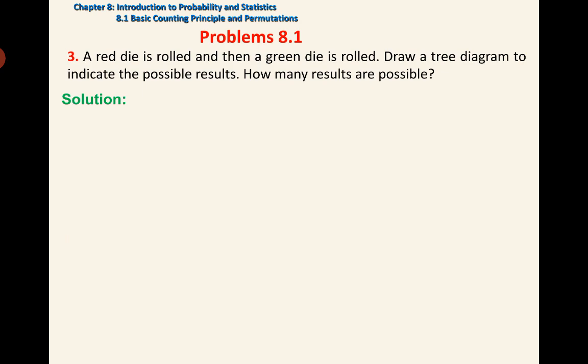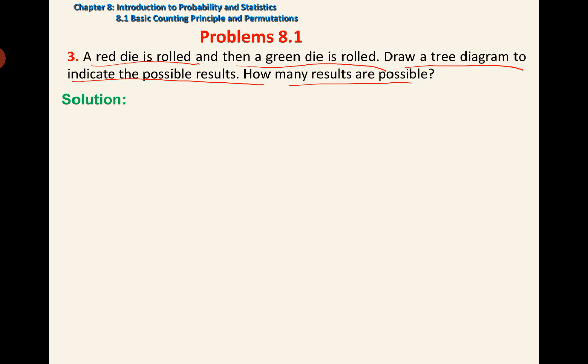Now in a similar way, you try this problem. A red die is rolled and then a green die is rolled. Draw a tree diagram to indicate the possible results. How many results are possible? That's the question. What is a die?